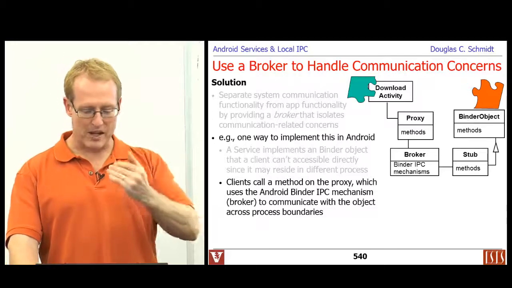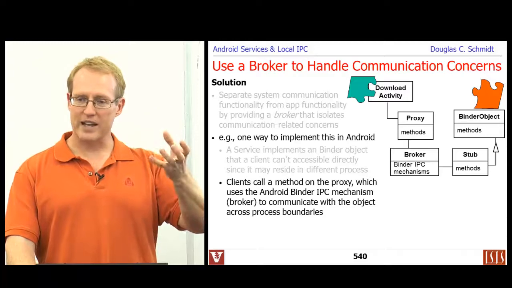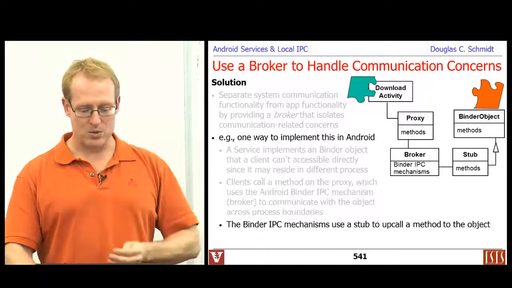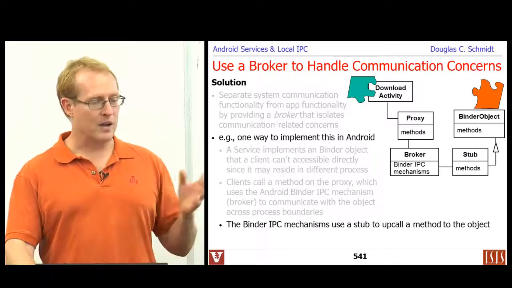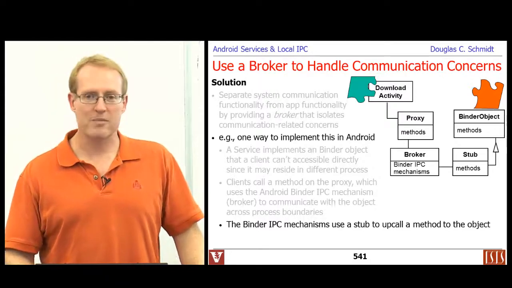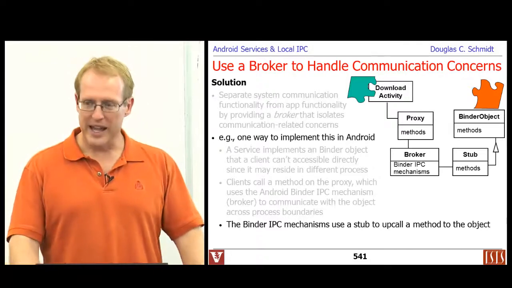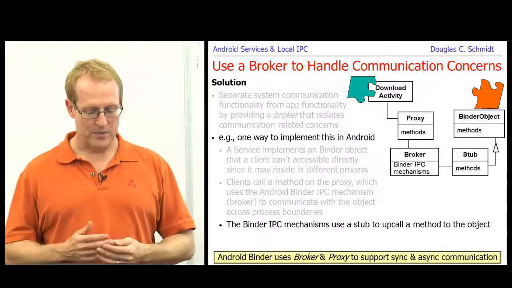They travel through the binder framework and pop out the other side to the stub, where they're converted back into data types and passed to an upcall. And that upcall is what actually does the real work, the logic defined by the service binder implementer developer, and then they can pass the results back if it's a two-way call.